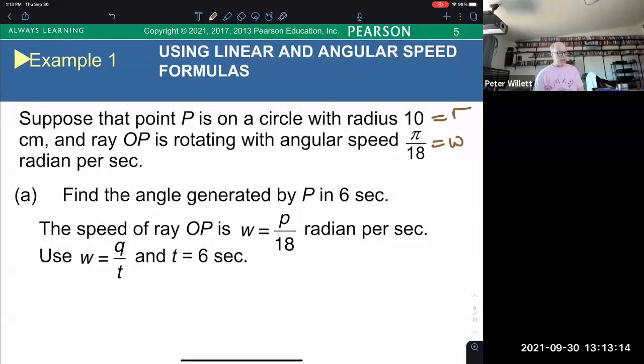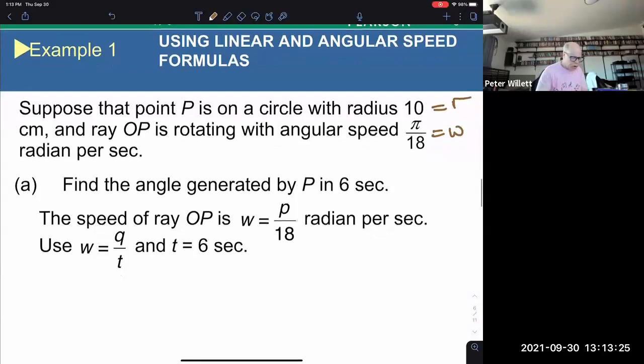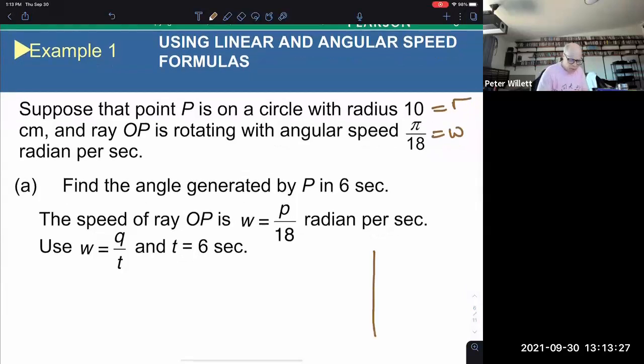So the first thing it says is to find the angle generated by P in 6 seconds. So you can sometimes draw a picture to try to visualize these. I think that helps most people in most cases. And so we know that the radius is 10, just to sort of put that in our mind. And that we know there's this ray that's rotating around. And we're going to say that W is equal to pi over 18.